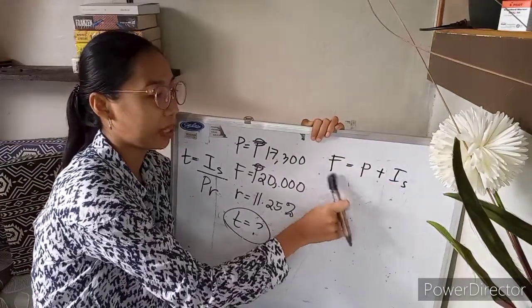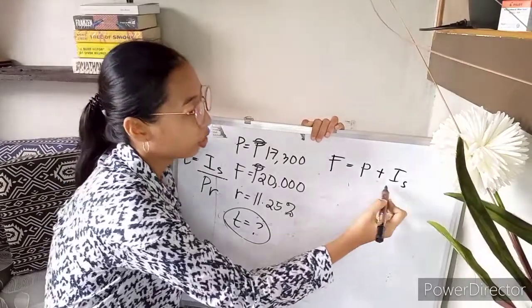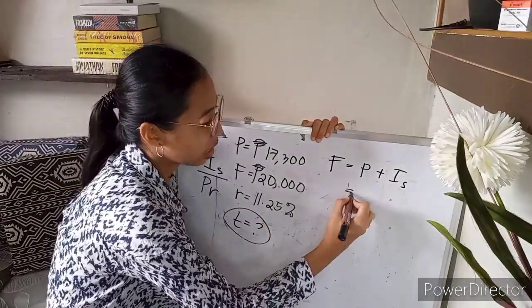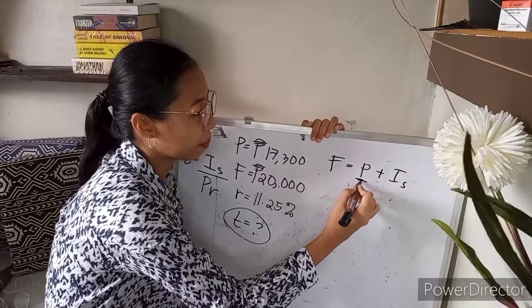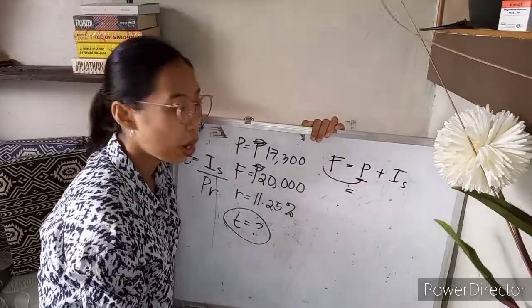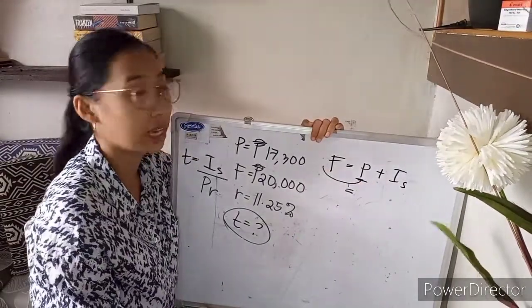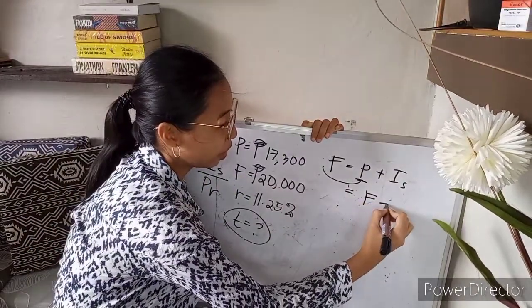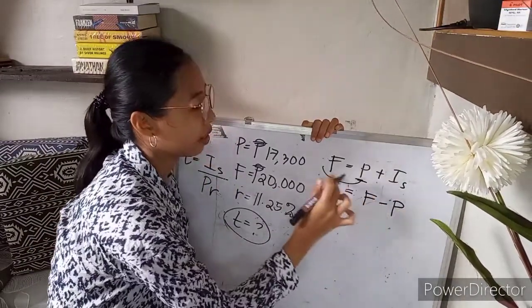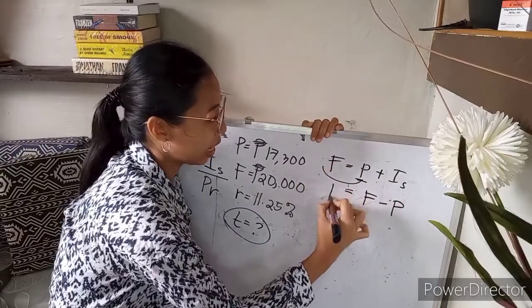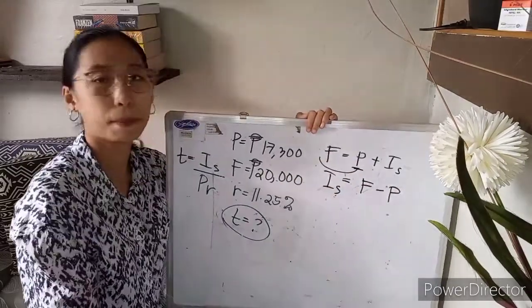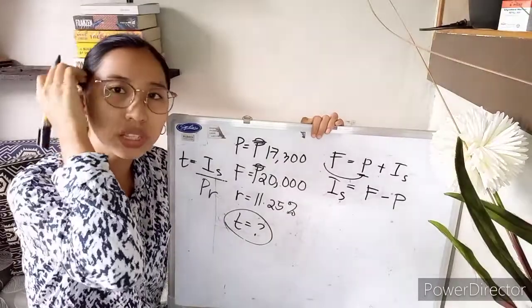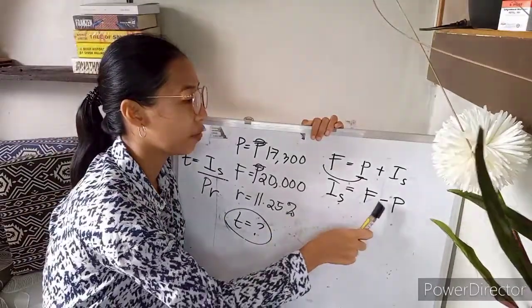Dili kani ang dapat na i. So, ang atong buhaton is ibalhin nato si P sa pikas side, no? Tapos himuon natong minus. Tama? So, mahimo na is F minus P. Okay? Pagkahuman si I_s, dinhi na. So, I_s is equal to F minus P.